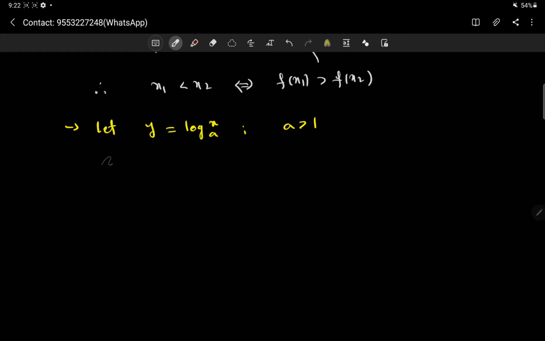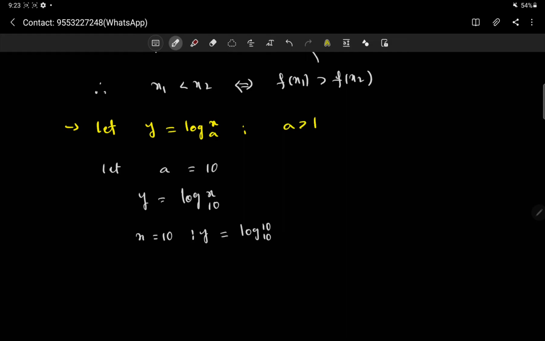See here, a greater than 1 means, suppose a value I am taking as 10. Then y value becomes log x base 10. Now applying x value as 10, the respective y value is log 10 base 10.